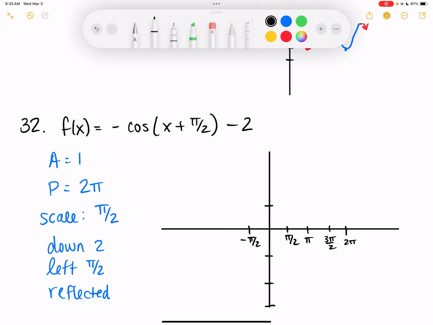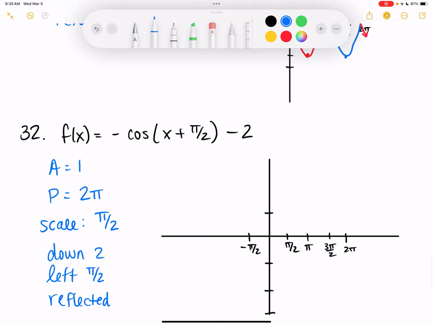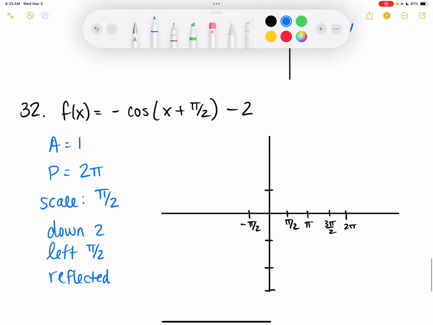All right, so I'm going to graph the parent first, but then I'm going to erase it, and show you how we would go straight into the reflected graph if you didn't. So where does cosine start? At the amplitude. In this case, it's at 1. And then it goes down and back up.